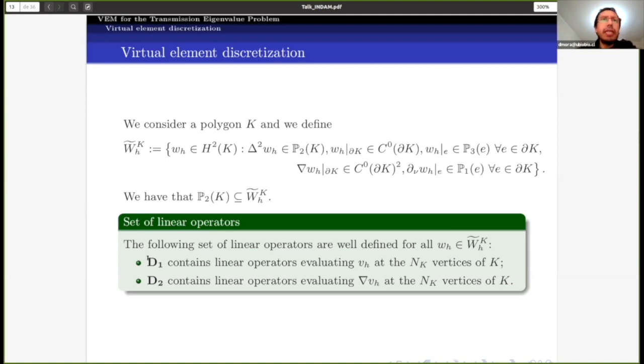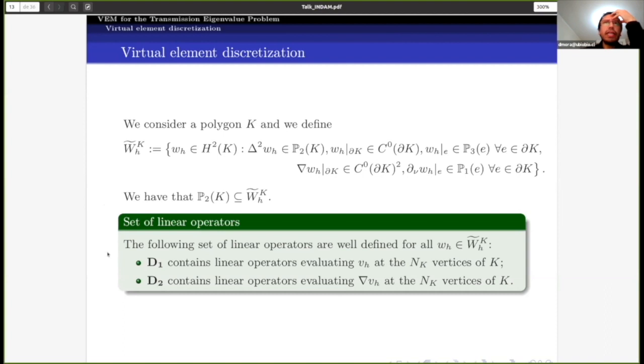So the first set is the evaluation of the functions on the vertices of the polygon, and D2 contains the pointwise evaluation of the gradient of the function on the vertices.